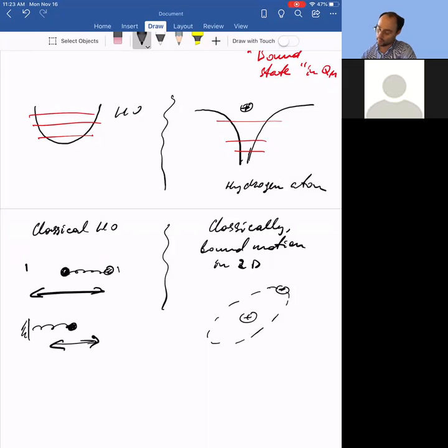So you can have this kind of situation, a diatomic molecule or some kind of a dumbbell that's oscillating back and forth, which is effectively equivalent to a single particle oscillating around the equilibrium point. So these are just two relevant examples. Lots of things behave as harmonic oscillators, and of course atoms are relevant. So these are classical examples, and quantum mechanically we get quantization. So that's bound states in classical physics. I'm sorry, bound motion in classical physics, bound state in quantum physics.